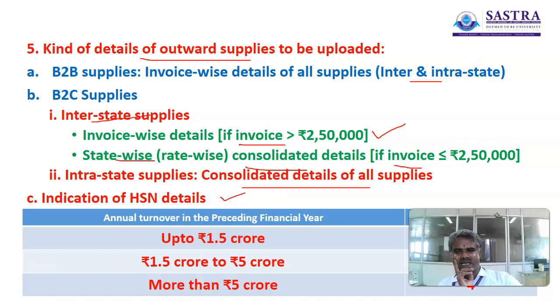Indication of assets and details. Annual turnover of the previous year up to 1.5 crores, nil. 1.5 to 5 crores, 2. Number of digits in HSN.